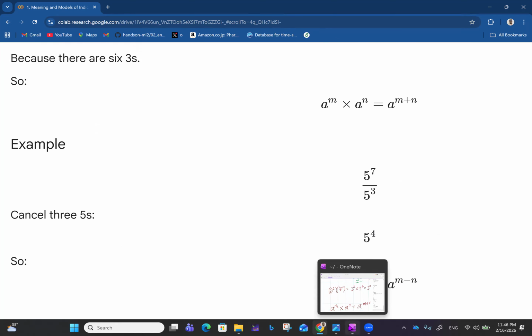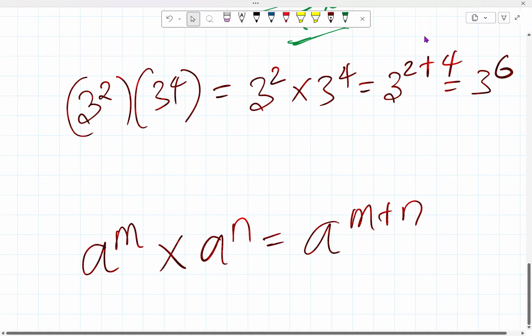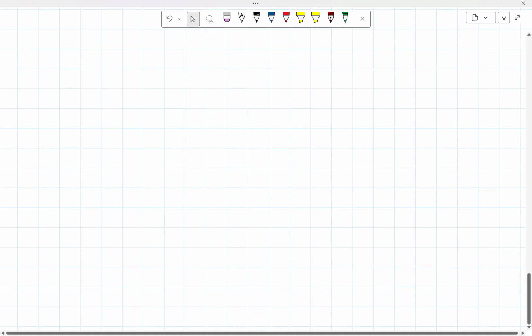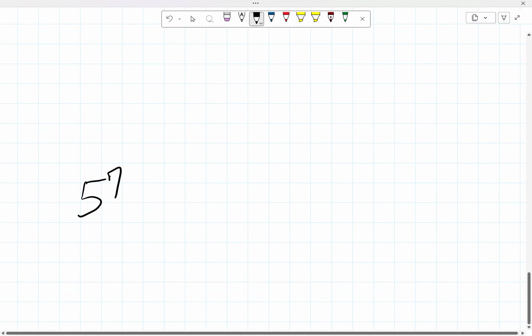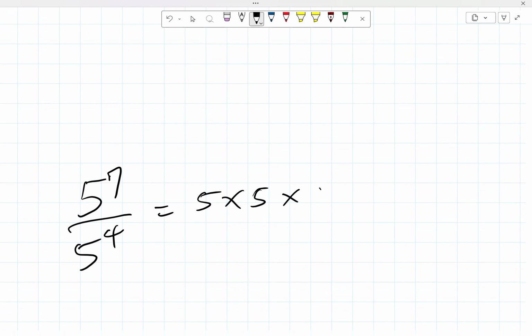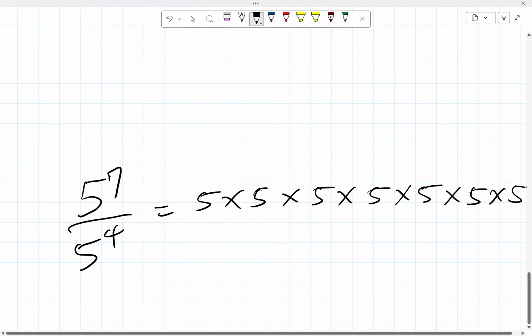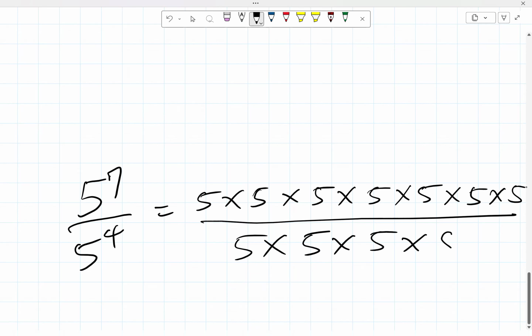Of course, what are we talking about? 5 raised by 7 divided by 5 raised to power 4. That's 5 times 5 times 5 times 5 times 5 times 5 times 5, 1, 2, 3, 4, 5, 6, 7, divided by 5 raised to power 4, that's 5 times 5 times 5 times 5.